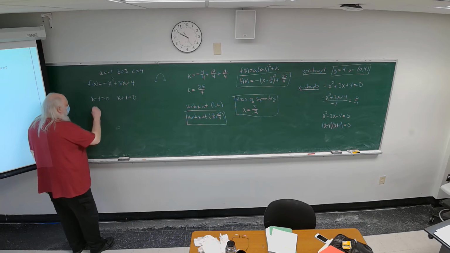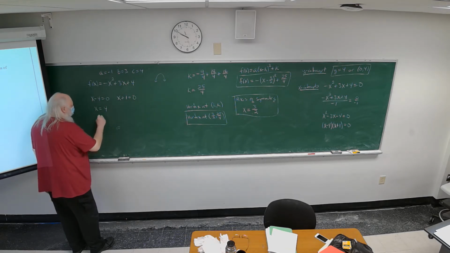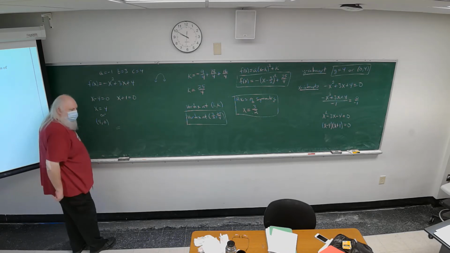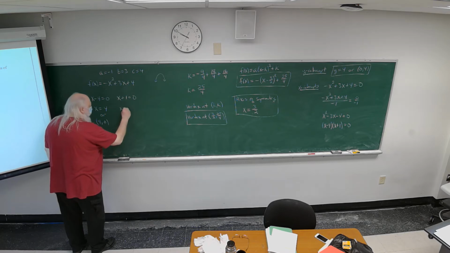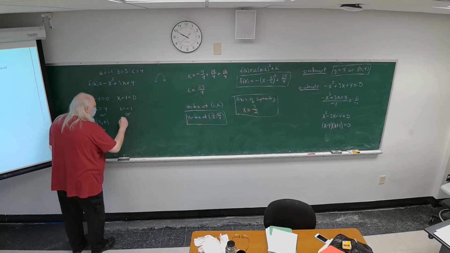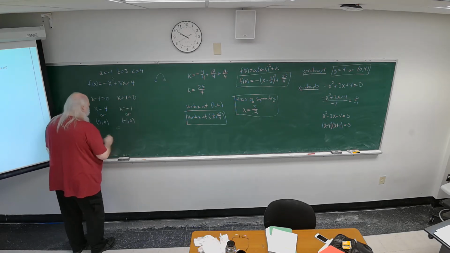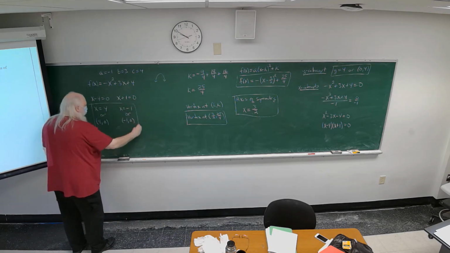So solving this first equation, we get x equals 4, or the point 4, 0 is an x-intercept. We solve the second equation, we get x is equal to minus 1, or the point minus 1, 0 is an x-intercept.